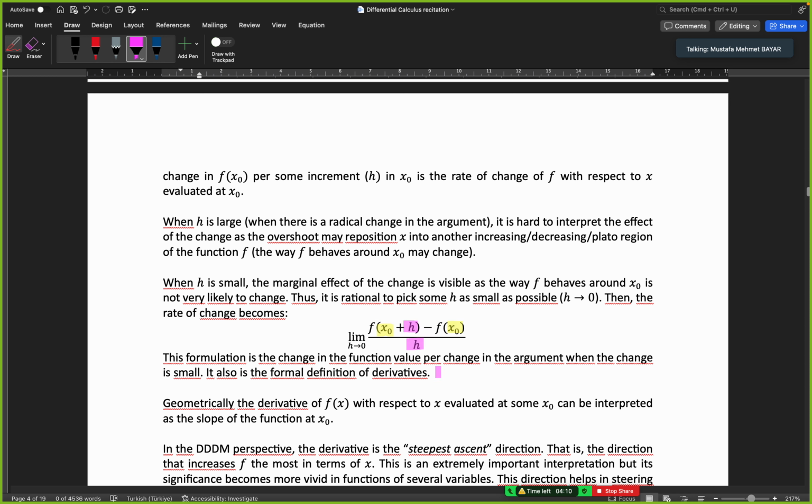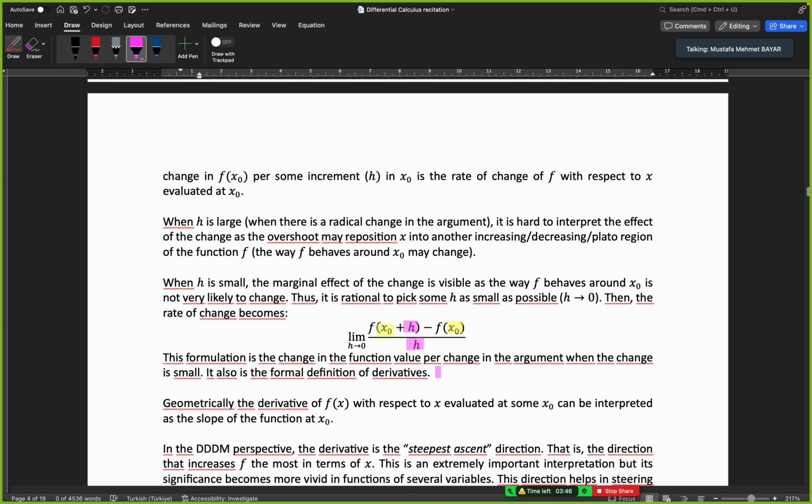If this change is large, I may just jump from one region, one good region of our function to another. And making great changes suddenly may not be always possible.